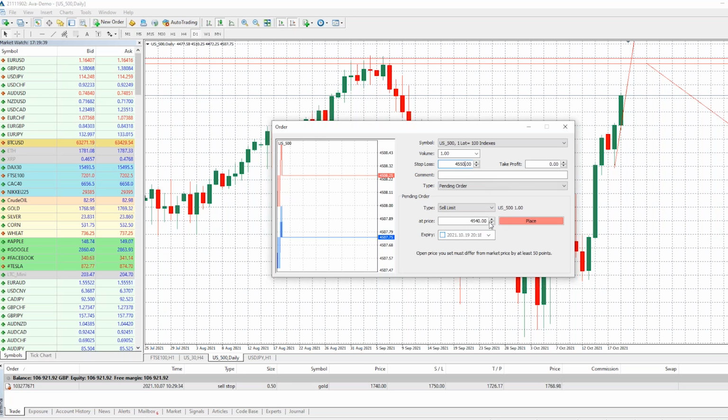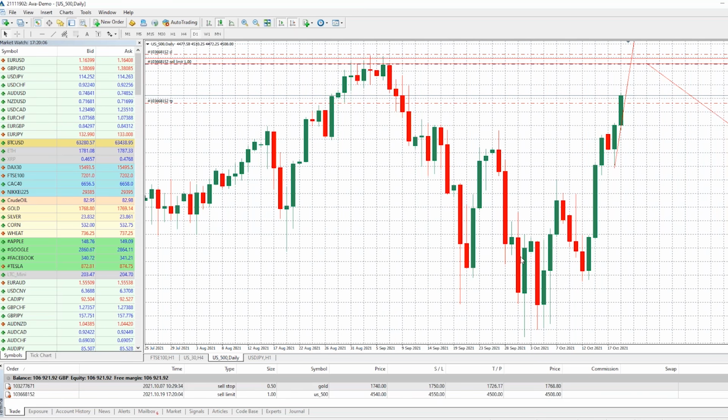So we're risking 10 full points to the stop loss, and our potential profit, if it drops, let's say we go to 4,500 even for a take profit. Okay, so going after 40 points profit, risking 10 points. Okay, so there's my pending order.